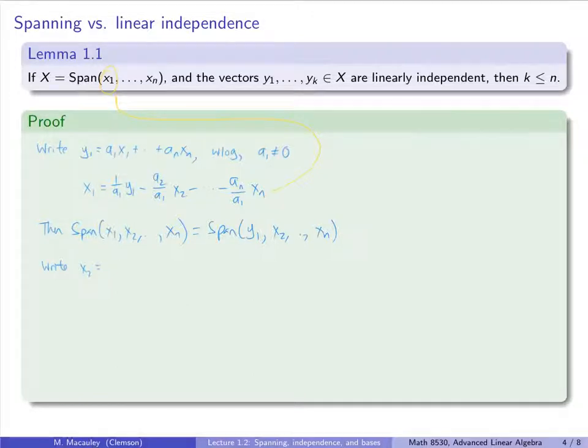So write x2 as b1 y1 plus b2 x2 plus ... bn xn, and then that is what we want to solve. We want to eliminate x2 from it. So the space X is equal to the span of y1, y2, x3, all the way up to xn. So we can repeat this process.